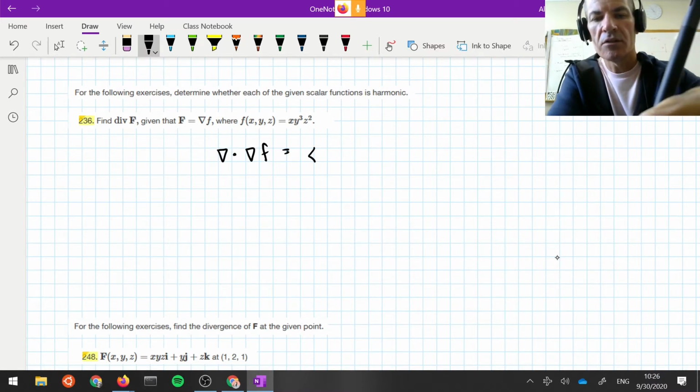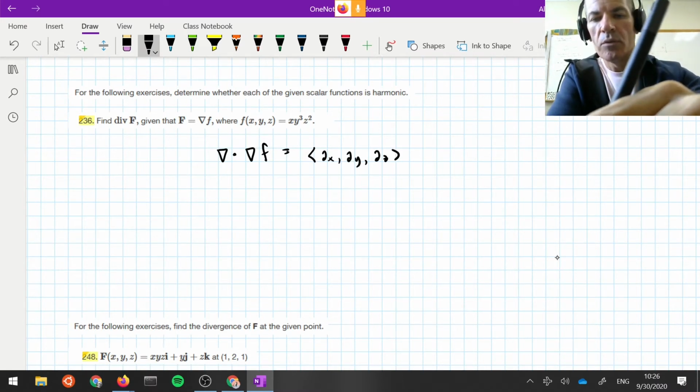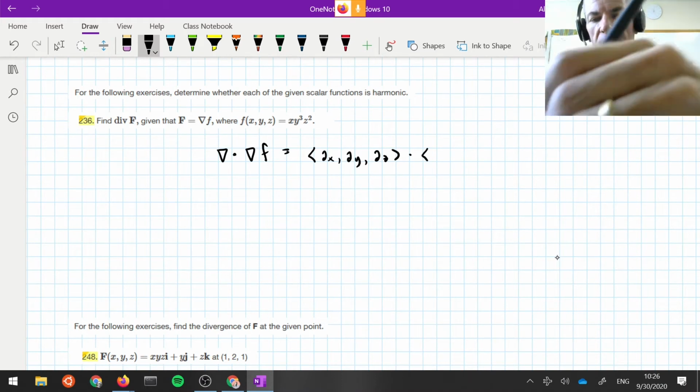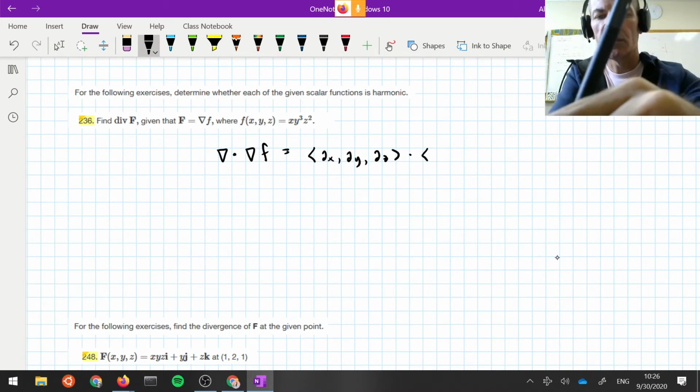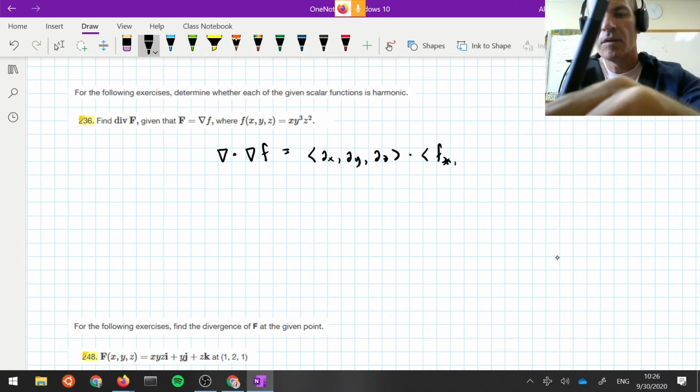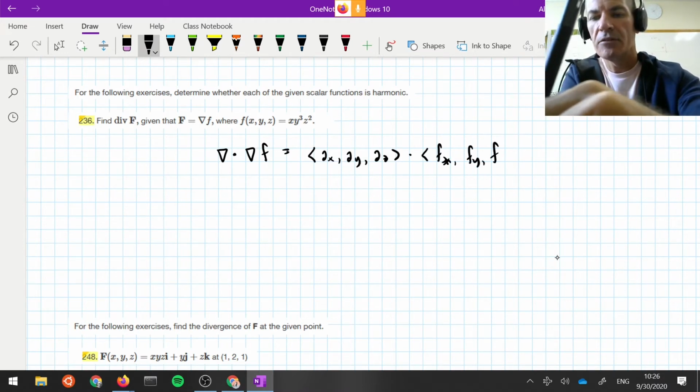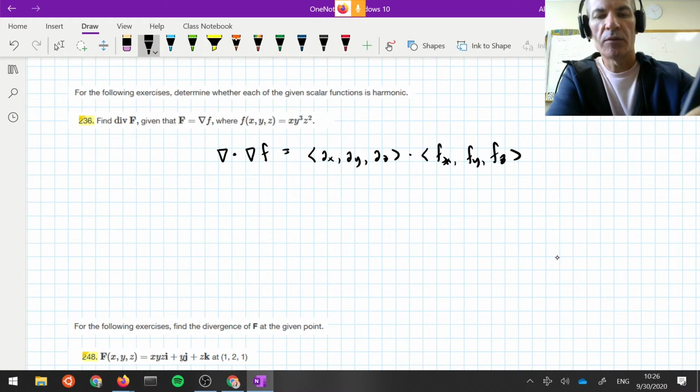Now this is an interesting thing to work out. Remember that the divergence is the partials dotted with the vector field. In this case, the vector field is f sub x, f sub y, f sub z, just the gradient of f.